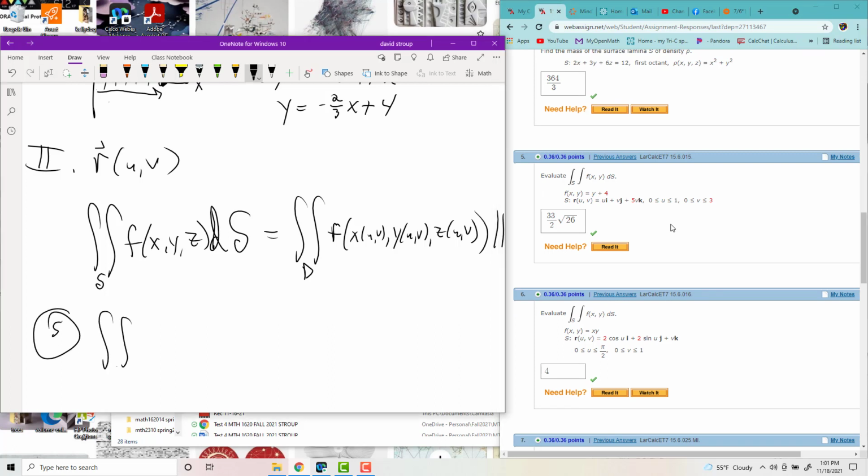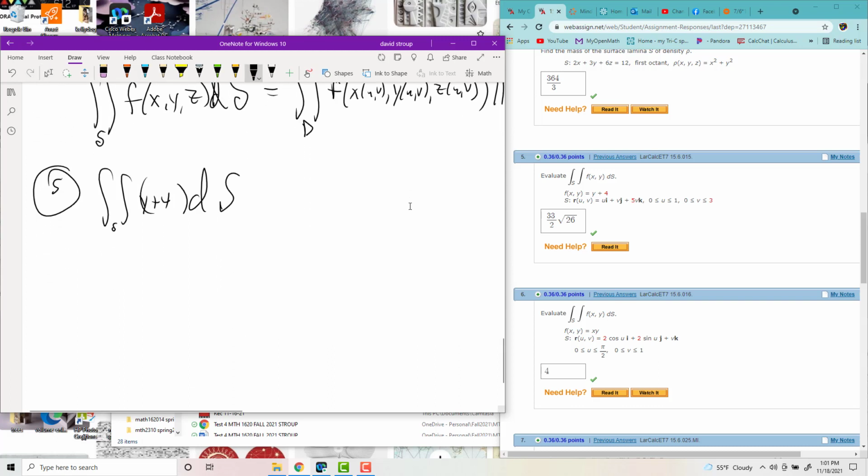So I have the double integral over S of y plus 4 dS, and the surface is going to be r(u, v) = (u, v, 5v), and then the region we're integrating over in the uv-plane is some box, right? 0 to 1 on the u-axis, and 0 to 3 on the v-axis. So it's this box we're integrating over.